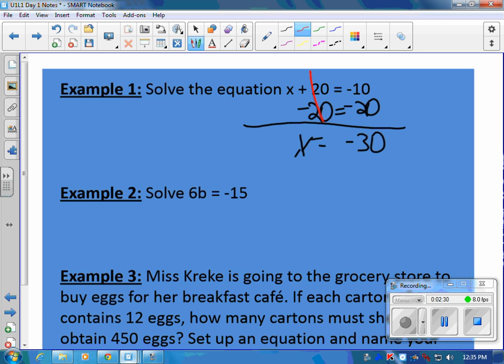So now I have x plus 0. So I have x by itself equals negative 30. How can I check my answer and see if I'm right? What do we call it when I replace a variable with a number?